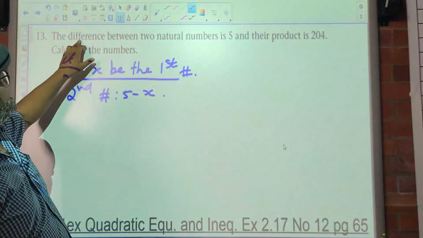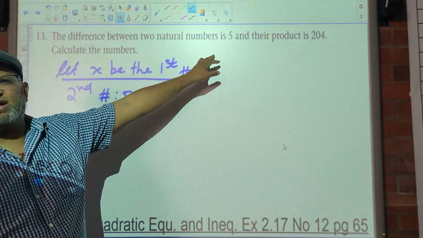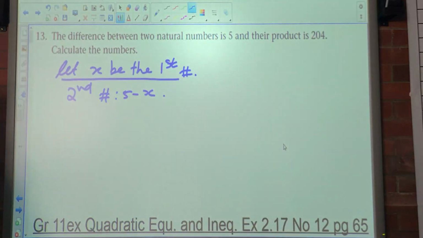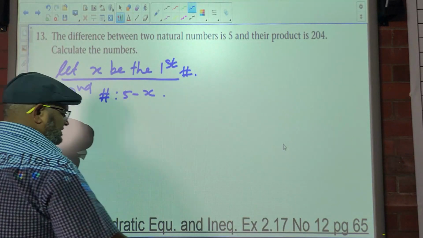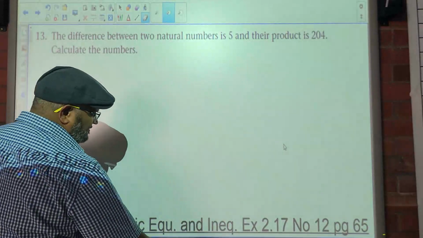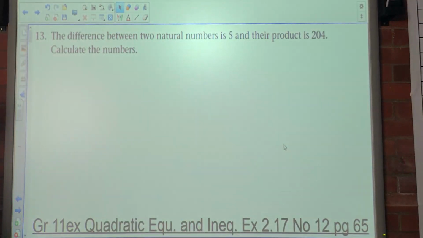Let's look again. The difference between two natural numbers is 5. No, I think I'm making a mistake. So is it x plus 5? Yeah, x plus 5. Sorry, I made a mistake. It's actually going to be better if you go down the route of simultaneous equations. I made a mistake here, no, sorry.